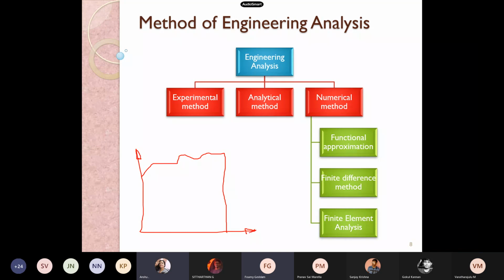We can find the equation of the curve and then we integrate. Little louder. First we find the equation of the curve which you draw.